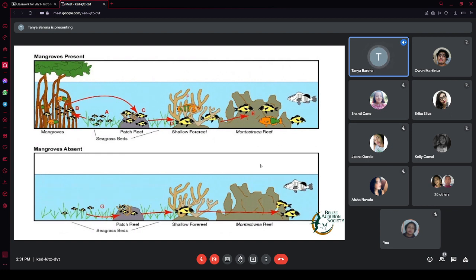There are less fish and a lower survival rate, as you can see. There are a small number of juveniles in that area, and I'm sure the grouper here is enjoying them as a meal. It's important for us to maintain these systems because of these important ecological processes.